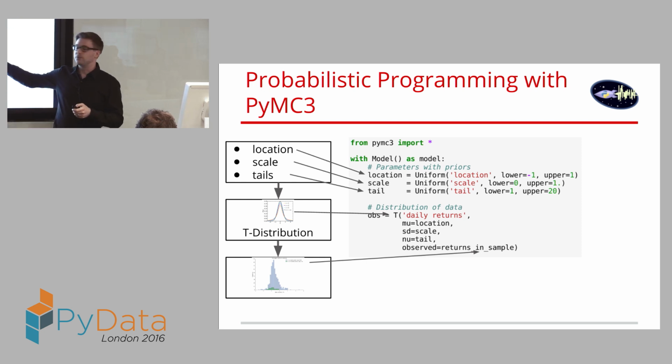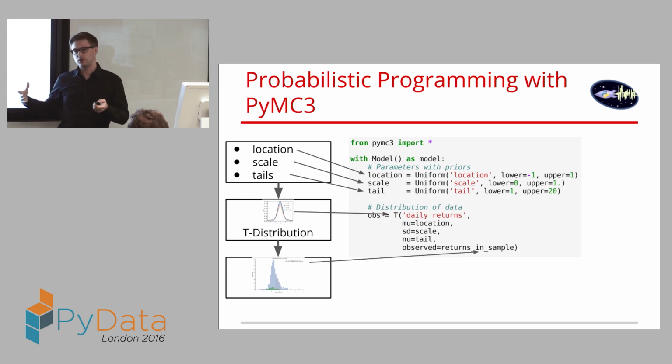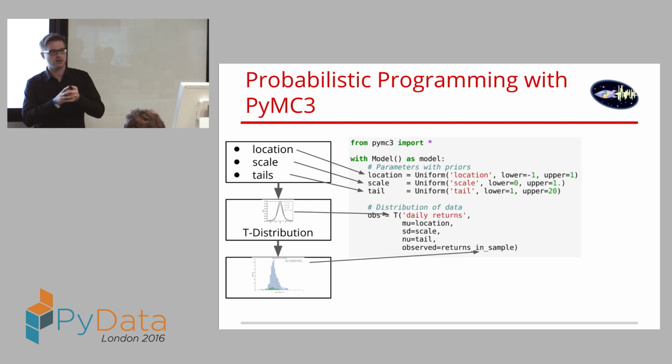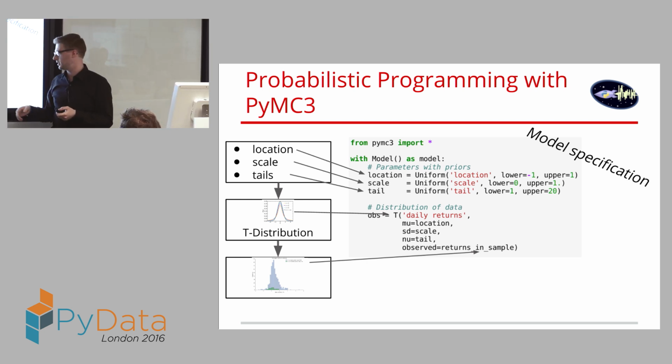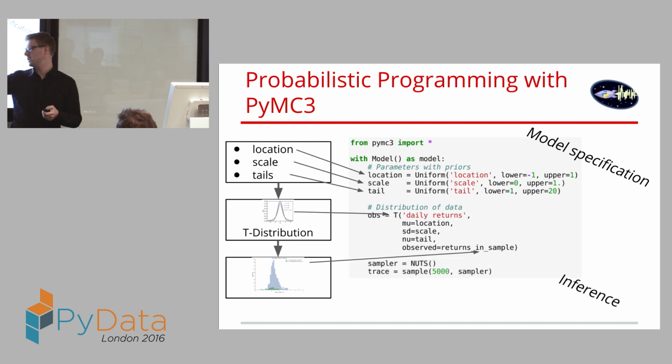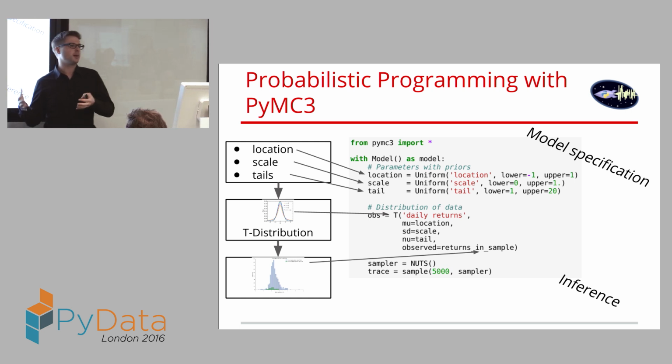But critically, no inference is going on yet. We just built the model. And now the question is, how do we solve all that math? There's a whole thing going on that you have to compute. But as I said, you can do that automatically: model specification and then turn to inference. And that is really simple because we just have to instantiate a Markov chain Monte Carlo sampler.